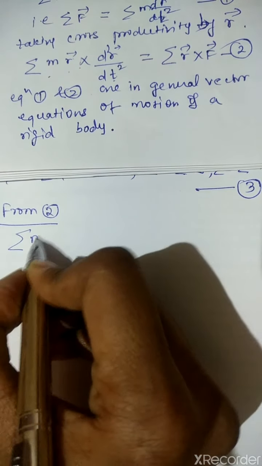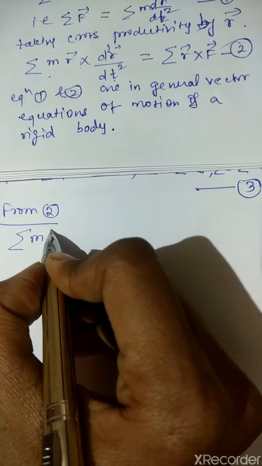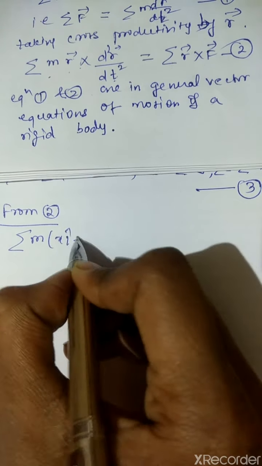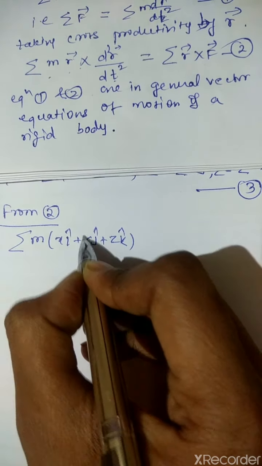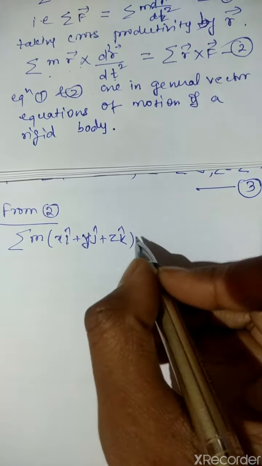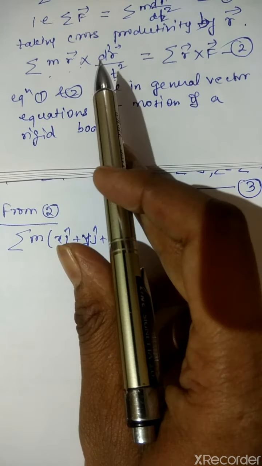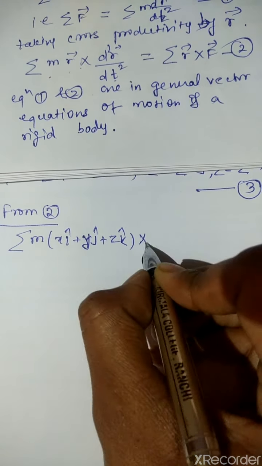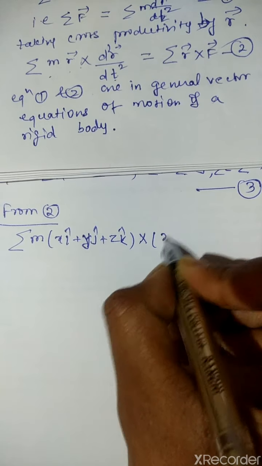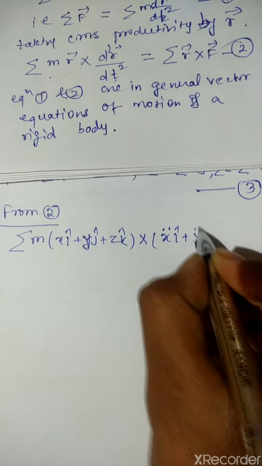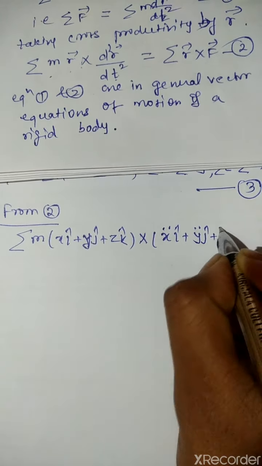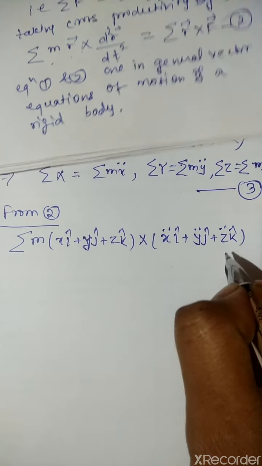So here we are getting sigma m into r, where r is x i + y j + z k, small x, y, z, into the cross product with d²r, that is x double dash i, y double dash j, z double dash k.